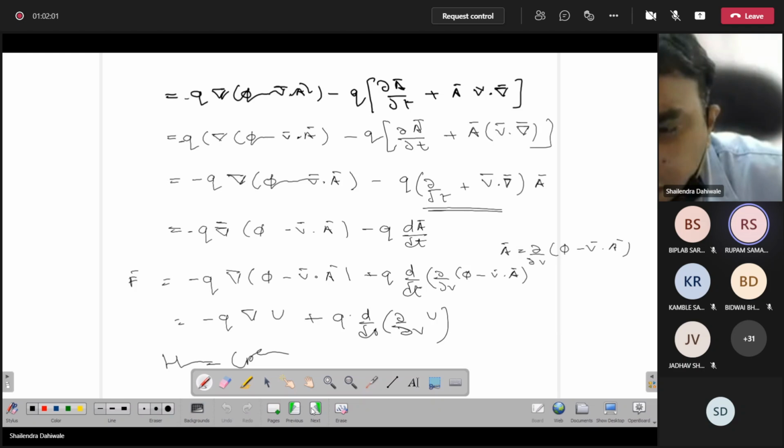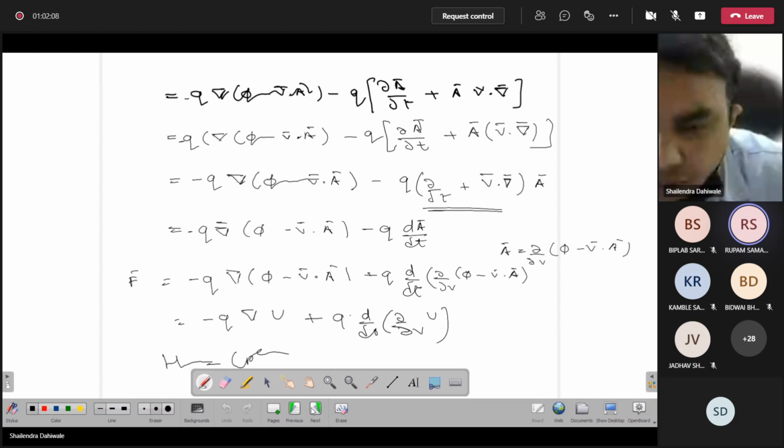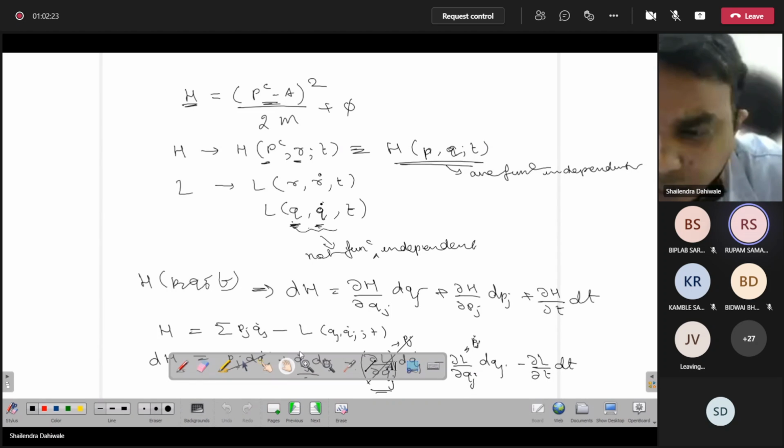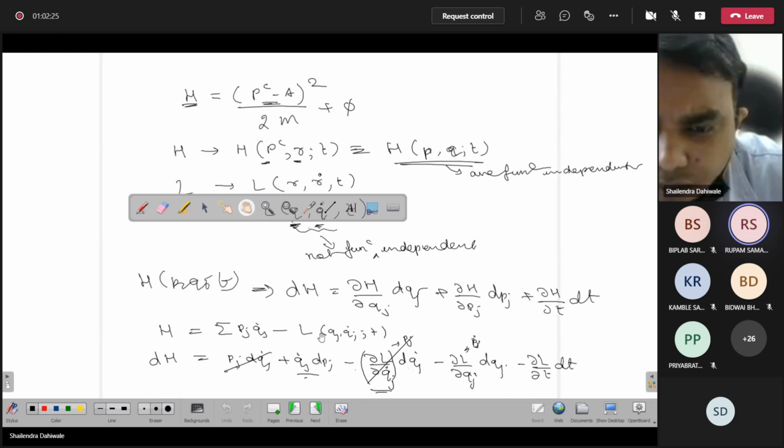Sir, actually here we have used the generalized force expression in those systems where the potential is dependent on velocity, right? Yes. In the last expression we have small q. Small q means the charge, not the coordinate.